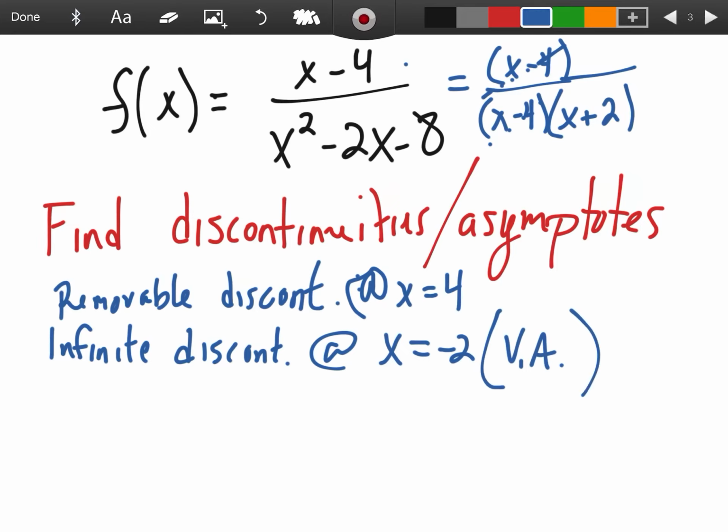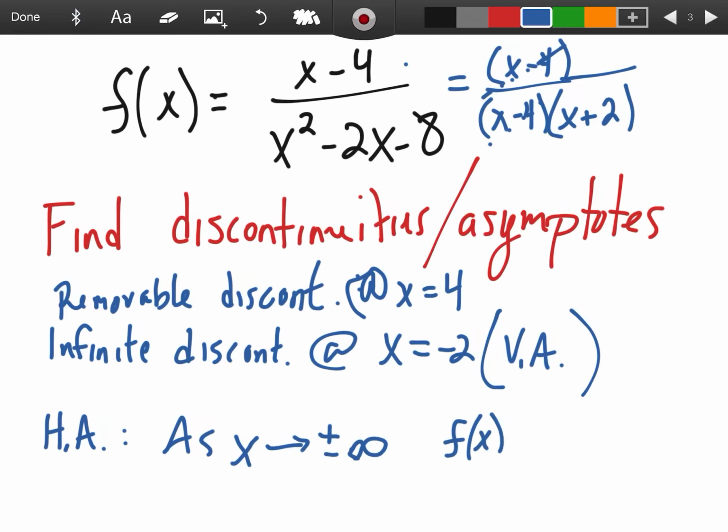Now, the only other thing that we are looking for is our horizontal asymptote. It's important to remember our horizontal asymptote is just what's happening as x approaches positive or negative infinity. Is there some value that our graph is going to approach? Well, we can approximate f of x by saying, if you have infinity or negative infinity minus 4, does that minus 4 really matter?